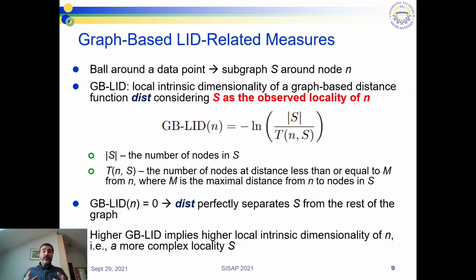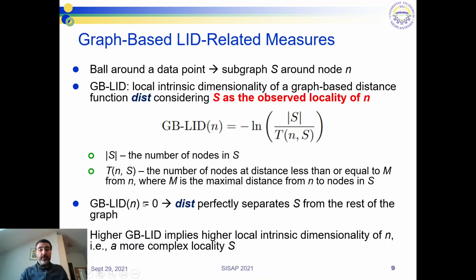So all nodes that are at distance smaller than or equal to this maximal distance will be in the subgraph, will be in this neighborhood, and the rest of them will be outside.